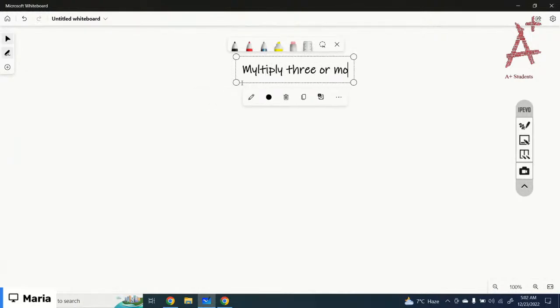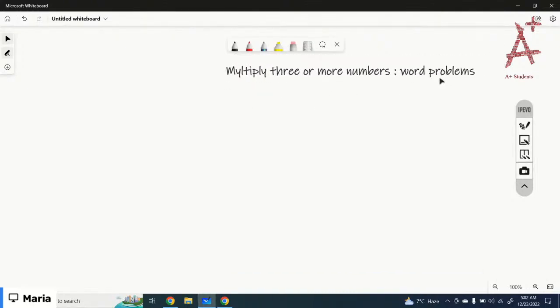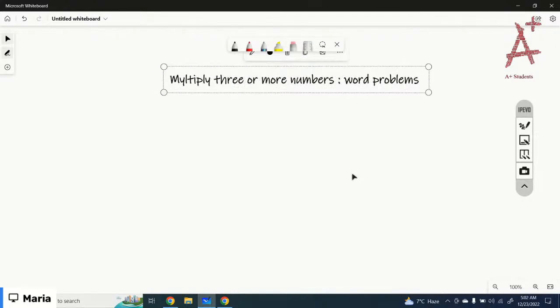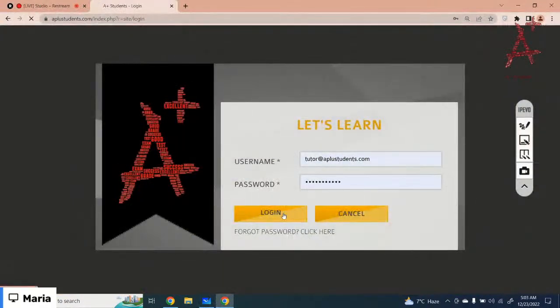Multiply three or more numbers word problems. Okay, let's just start with the first lesson. Let me just go to grade 5 maths.